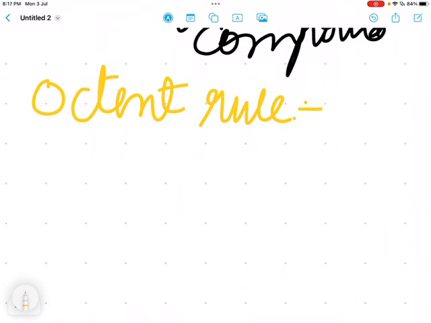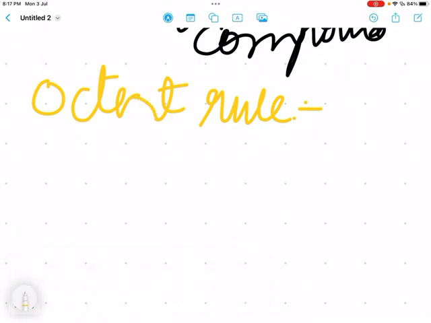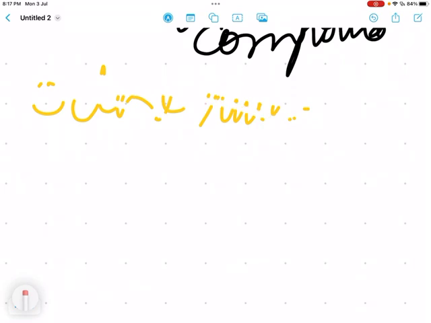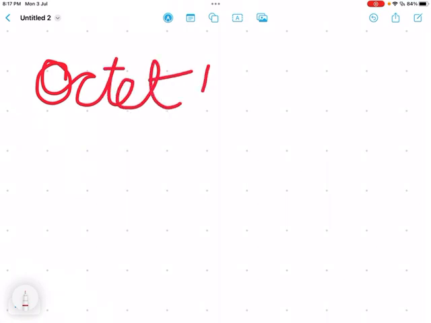We already know what the octet rule is. We have learned it in the previous class 9 lectures. So now let's see the octet rule.